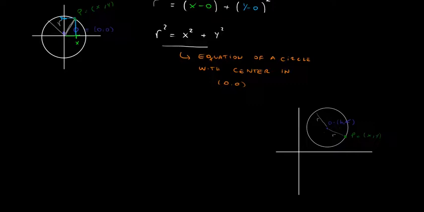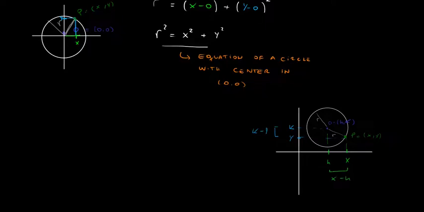That means that here this number is h and this number is k. P has coordinates x, y, so this number here is x and this number is y. As before, this distance is k minus y and this distance is x minus h.